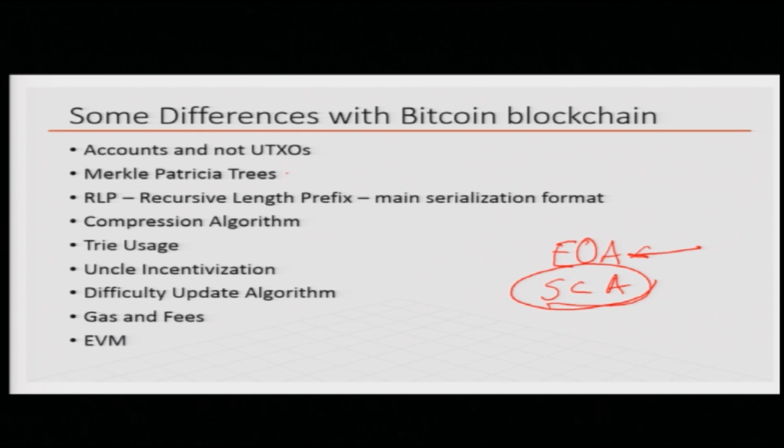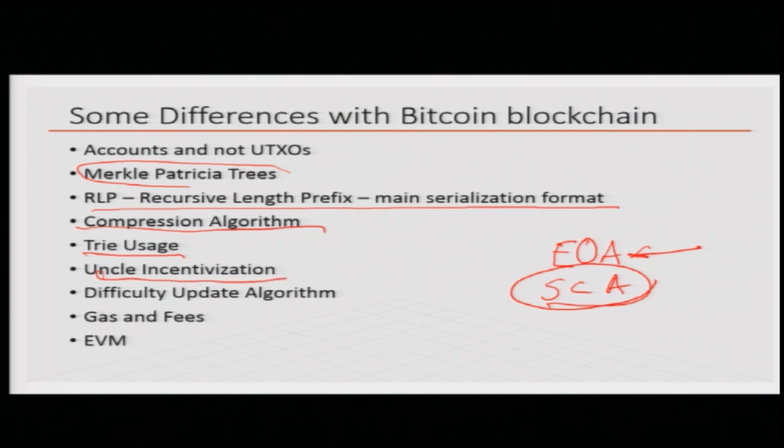In Bitcoin, we saw that the transactions are kept as Merkle trees. Here, we see a little different concept. They use something called Merkle-Patricia trees, and we'll show you what this means. They have a different serialization format called recursive length prefix, and they have a compression algorithm. They use tries, a particular data structure on which Patricia trees are based. They also have the notion of uncle incentivization.